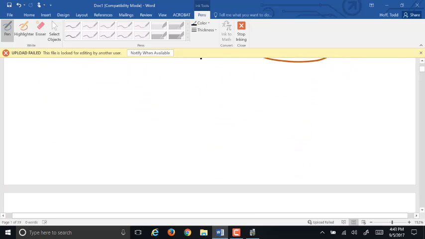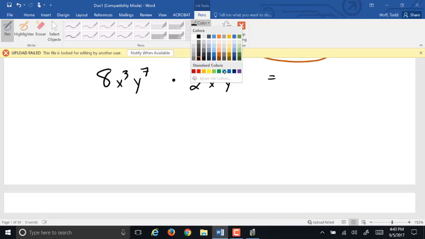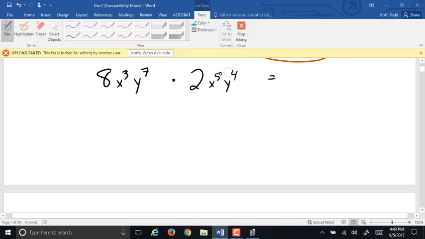Okay, now let's look at more specific multiplication rather than just focusing on the powers. So we might have 8x to the third y to the 7th times 2x to the 5th y to the 4th. And just like any other numbers, we're going to combine the counts.